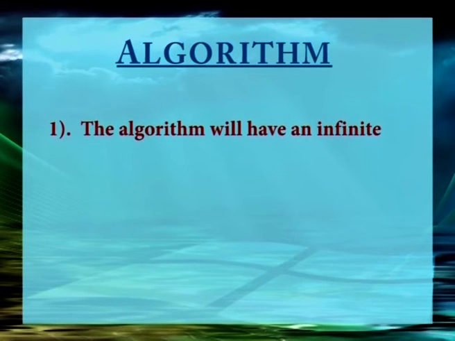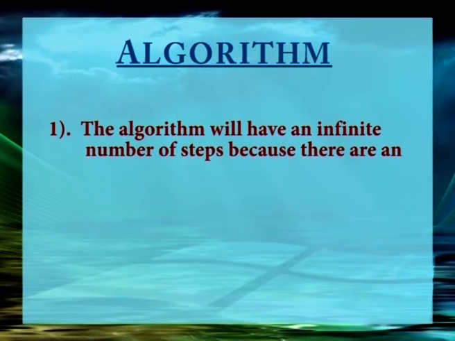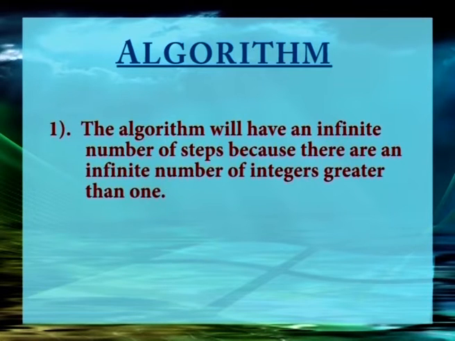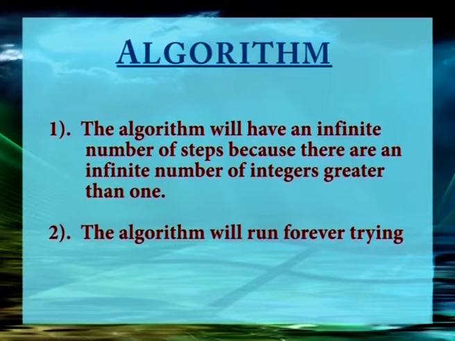First, the algorithm will have an infinite number of steps because there are infinite number of integers greater than 1. Second, the algorithm will run forever trying to count to infinity. These problems violate our definition that an algorithm must halt in a finite amount of time.